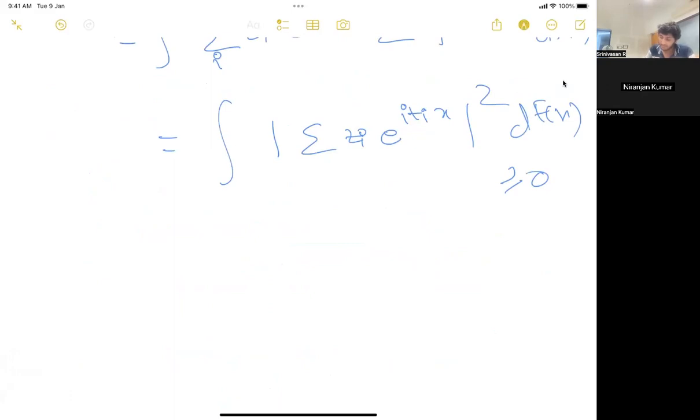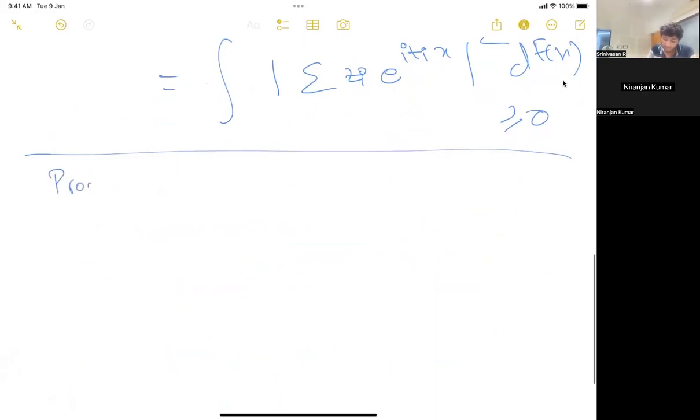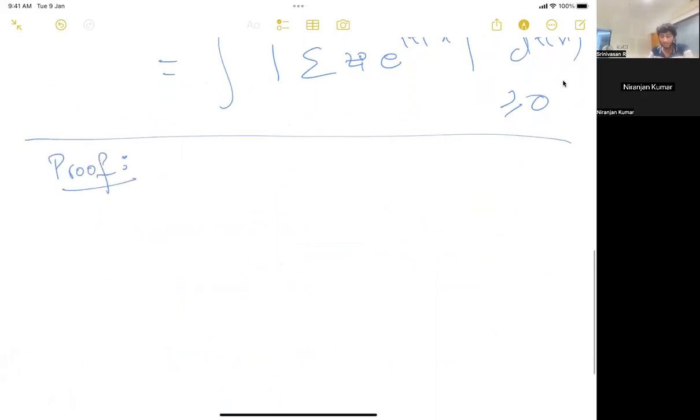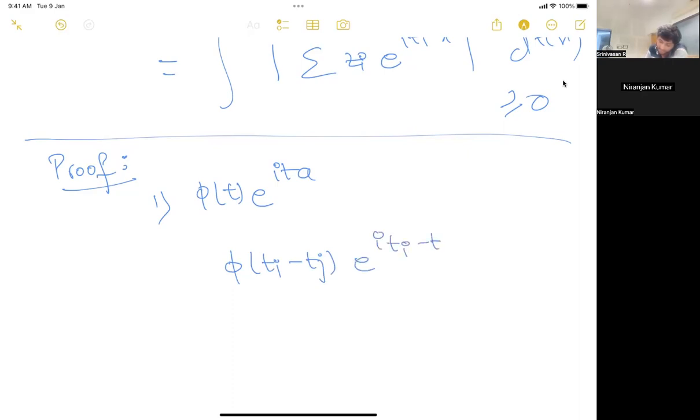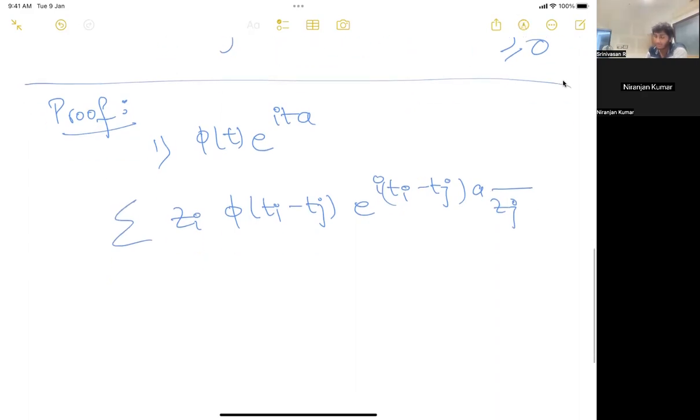So, proof of the theorem. We start out by observing certain properties of a positive definite function. Suppose phi of t is positive definite. Then phi of t times e to the power ita is also positive definite, because we consider again the same thing. We want to show this is greater than or equal to 0.